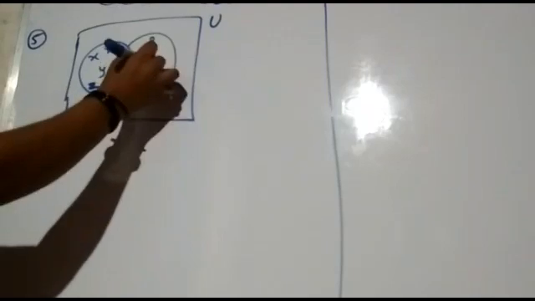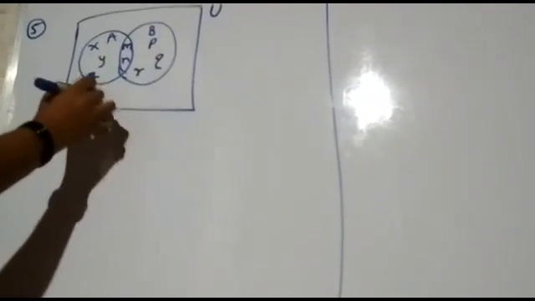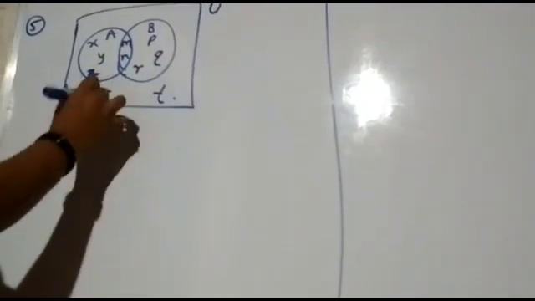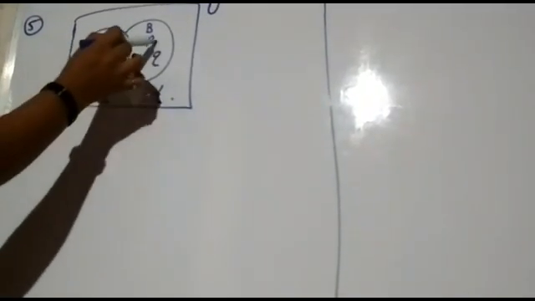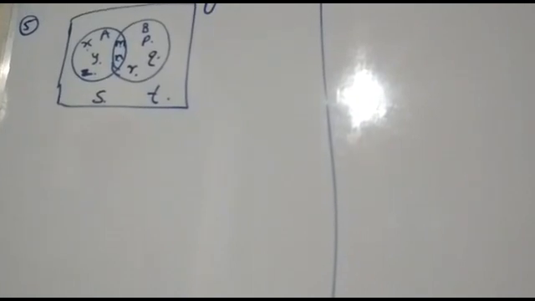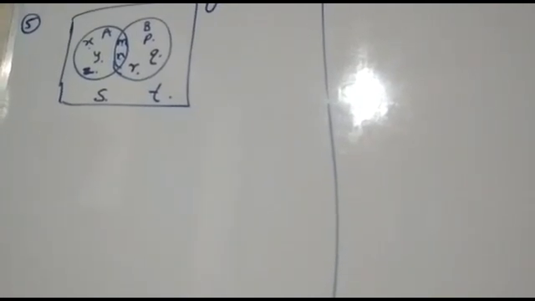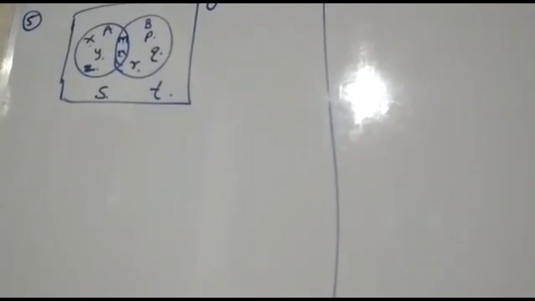In set B: P, Q, R, and here S, here T. All these elements are present in the given sets. Then they say observe the given Venn diagram and write the following sets.